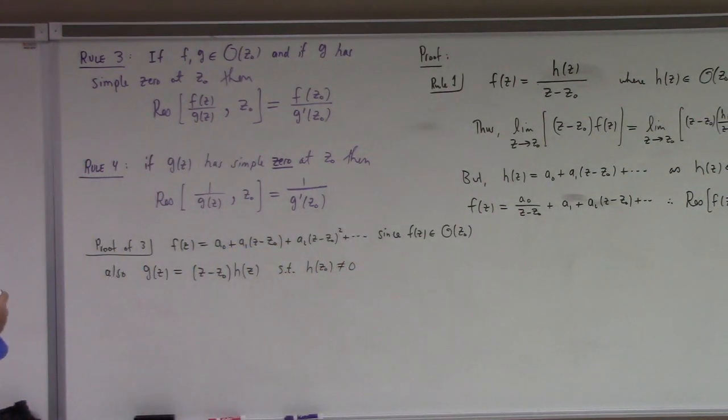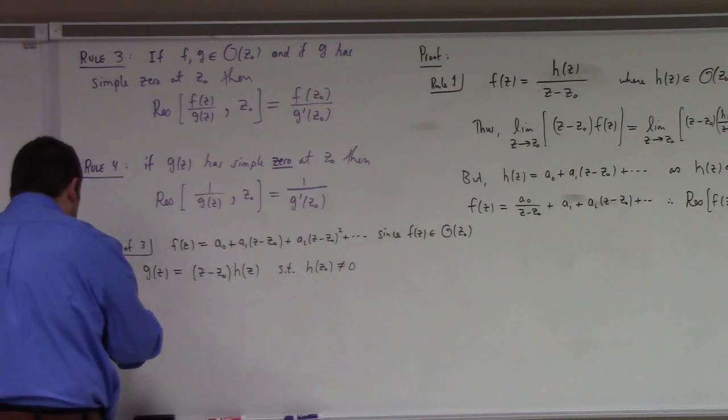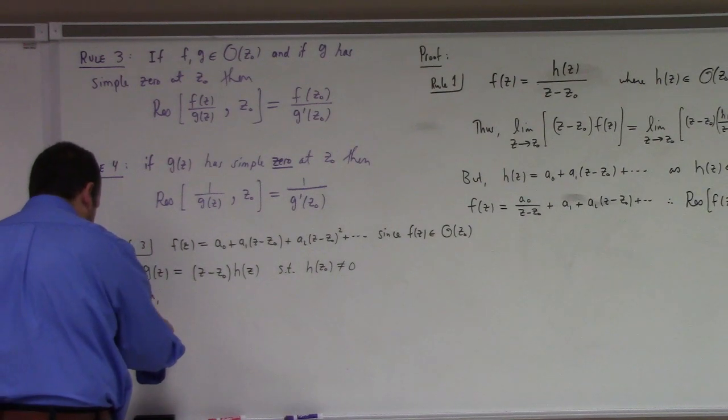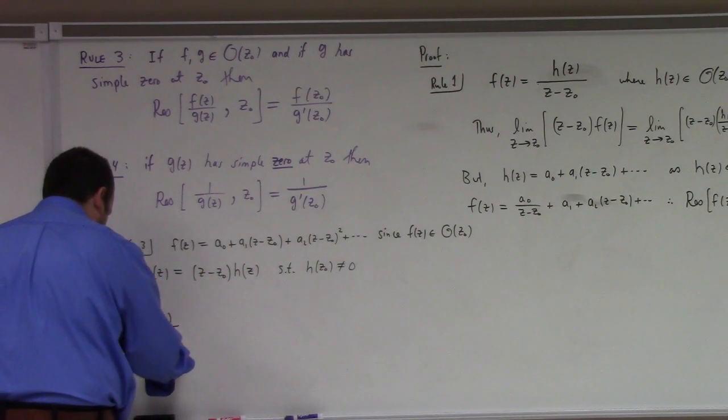So what happens when I look at f of z over g of z? What's that look like?